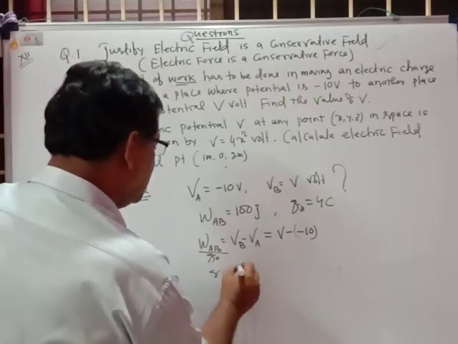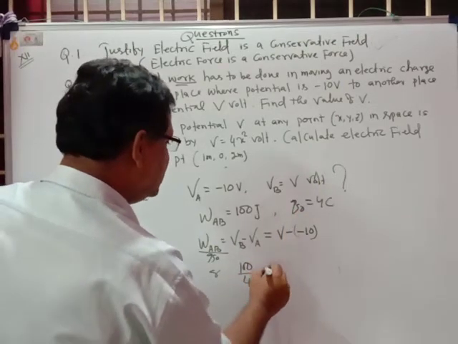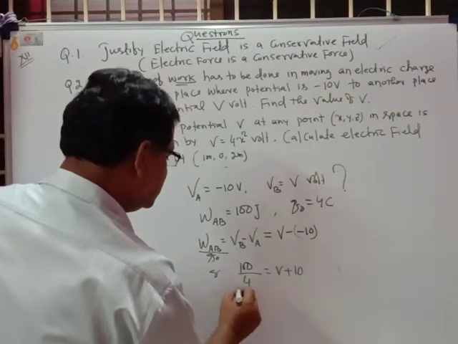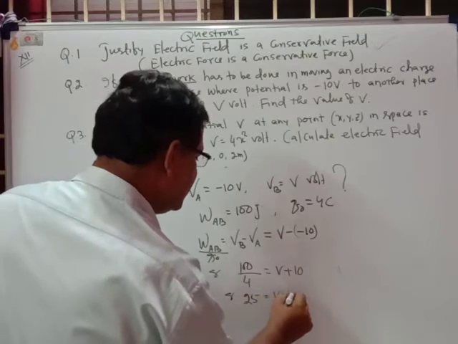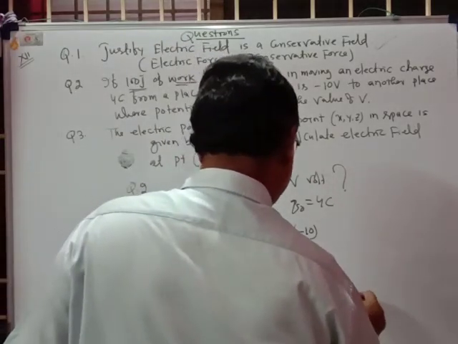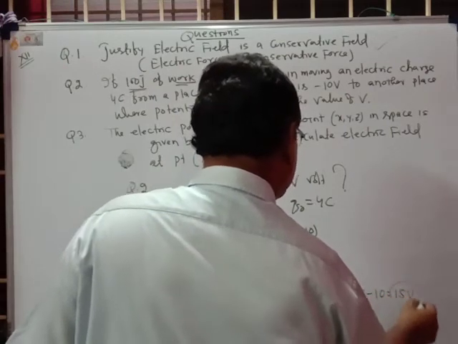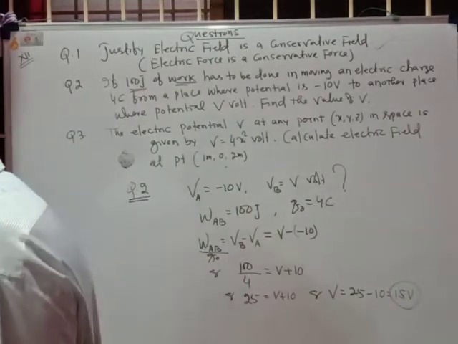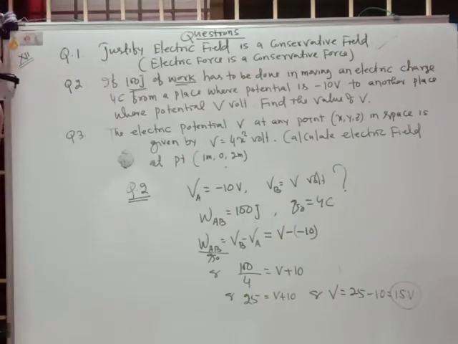So 100 upon Q naught, that is 4 coulomb, equal to V plus 10 volt, or 25 equal to V plus 10, or V equal to 25 minus 10, that is 15 volt. So the required quantity is 15 volt. This is the final answer, the potential at the second point.